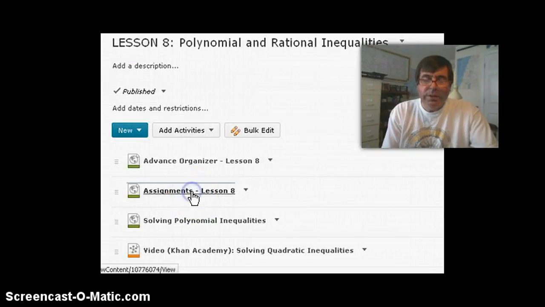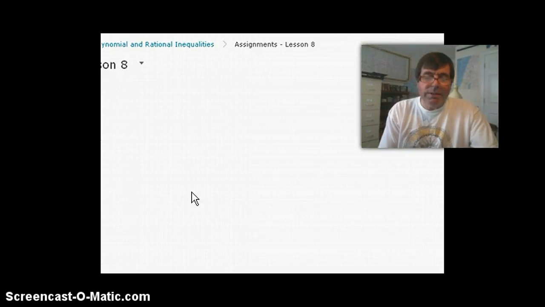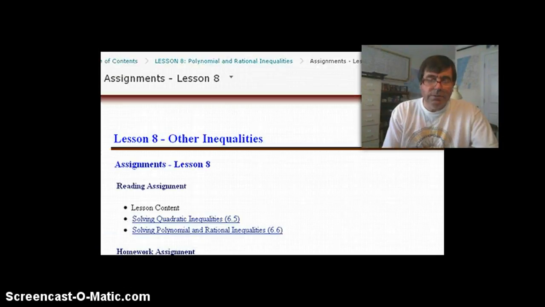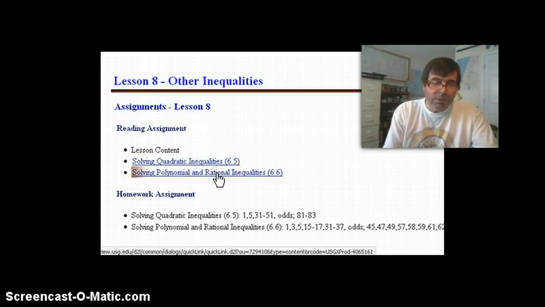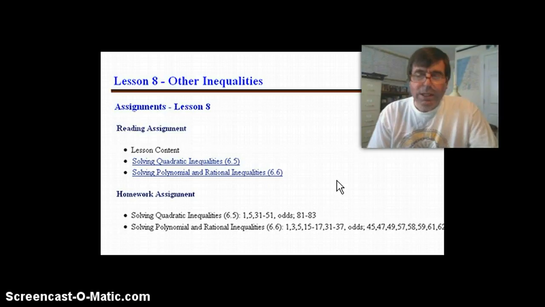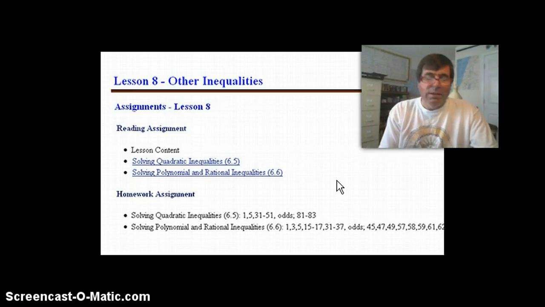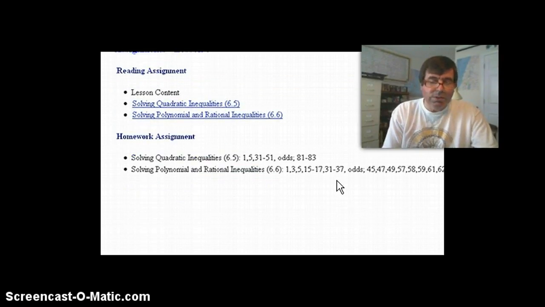So let's click on number 2. We're talking about assignments. Okay, so notice here we have these 2 readings: solving quadratic inequalities, and solving polynomial and rational inequalities. Actually a very well done set of instructional materials, and then there are your problems there.